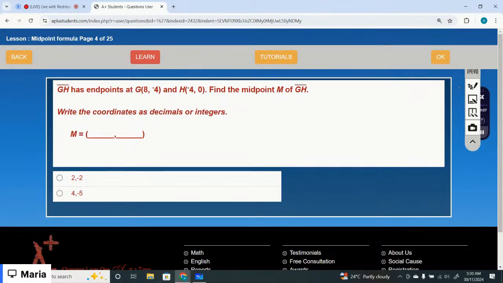Find the midpoint M of GH. That is 2 and negative 2. Option number 1 is the correct option.